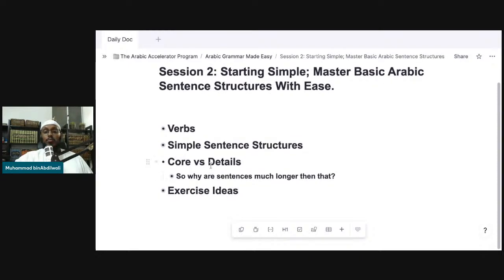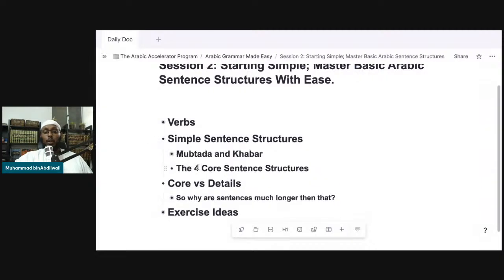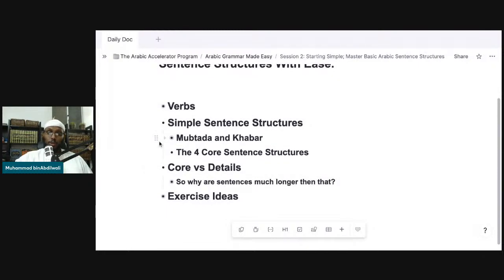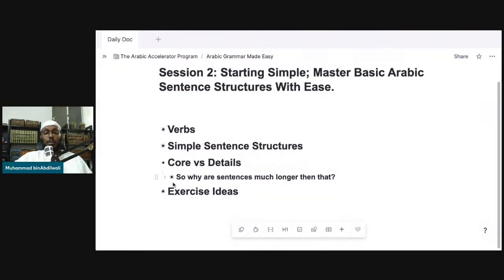But in essence, it comes down to the fact that the four core sentences normally consist of 2 or 3 words. And probably by the time we get there, you're going to say, Ustad, why are sentences much longer than that? You can't tell me that Arabic sentences are only 3 words long. No, they're not. Some sentences are 10, 20, 30 words long. So what are those words, Ustad, if they're not part of the core? That's what we're going to answer, inshallah.